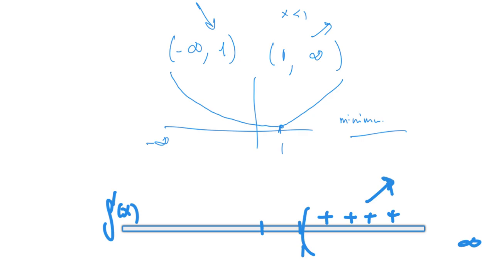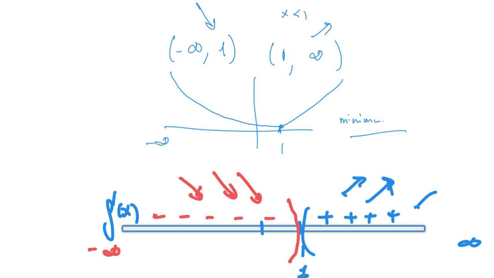And on the interval (minus infinity, 1), the function is decreasing, and we put a negative, meaning that the derivative is negative, meaning that the function is decreasing. So decreasing, increasing, and at 1 there is a minimum. Over this interval the function is decreasing, over this interval the function is increasing, and at 1 it achieves a minimum.